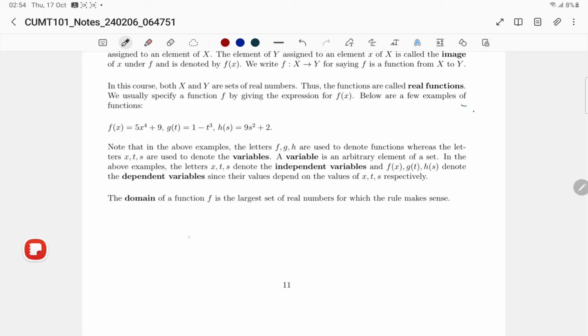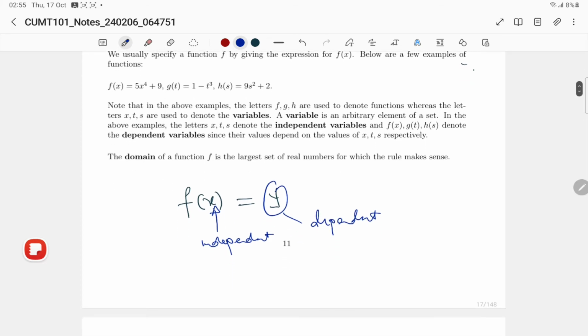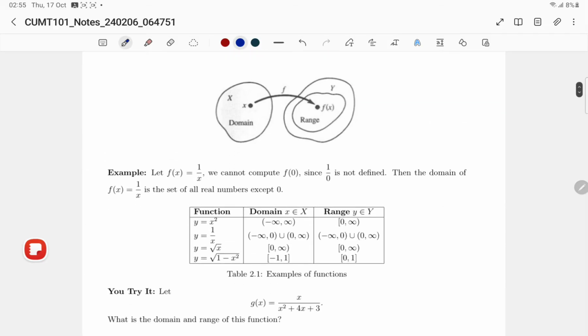If we have something like f of x is equal to y, then x is the independent variable and y is the dependent variable. This is a diagram which explains what a domain and a range are. This is our input values, which are mapped to a unique f of x, which is the range value.